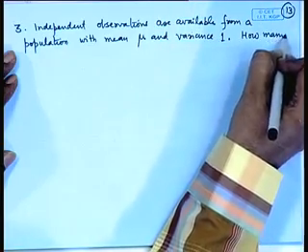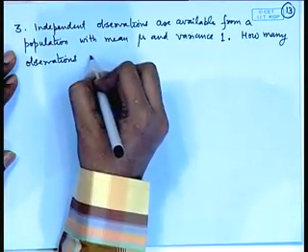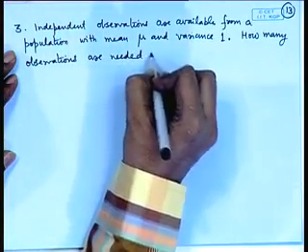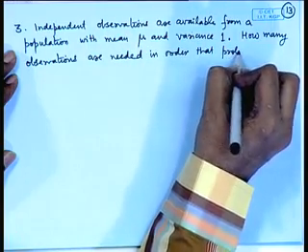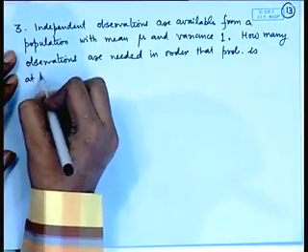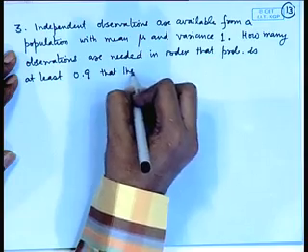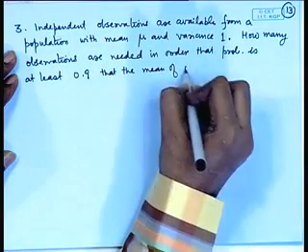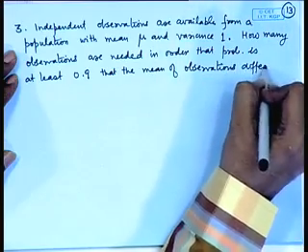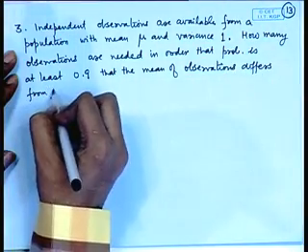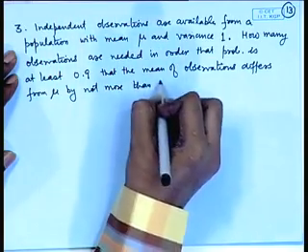How many observations are needed in order that probability is at least 0.9 that the mean of observations differs from mu by not more than 1?